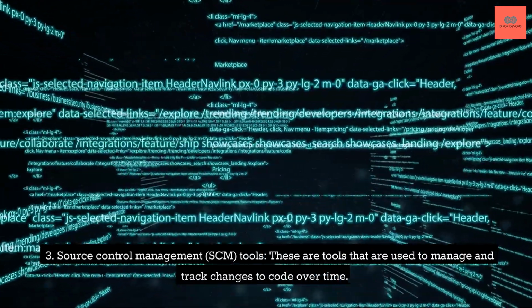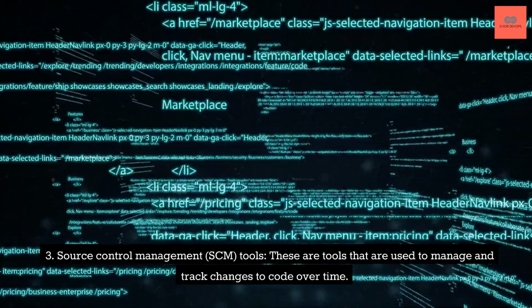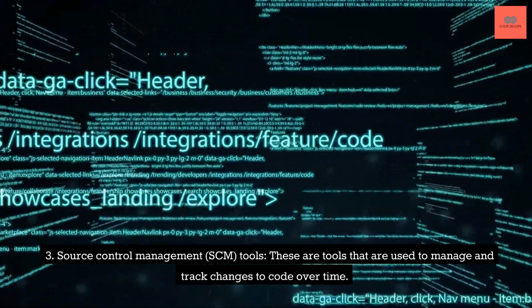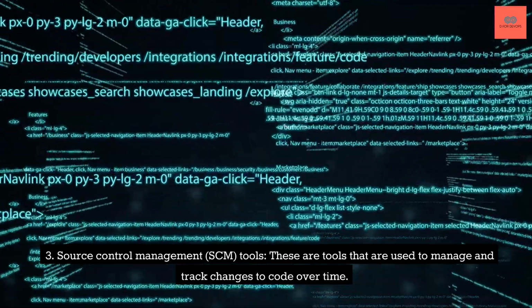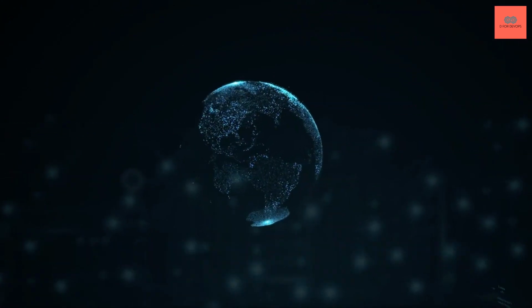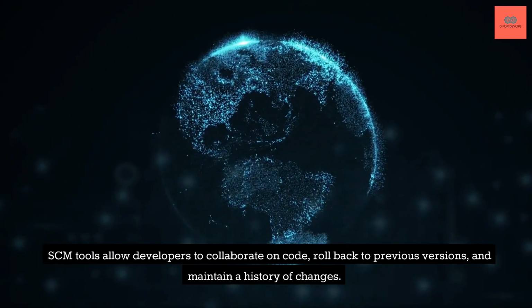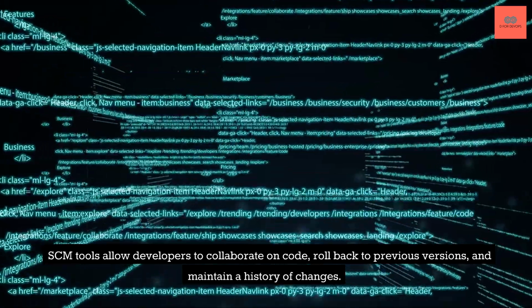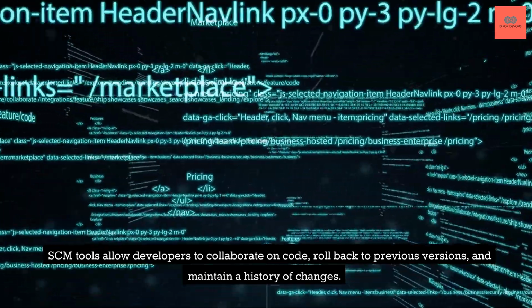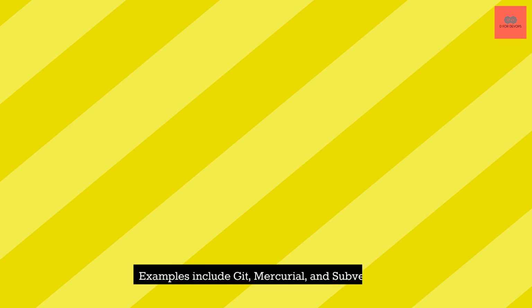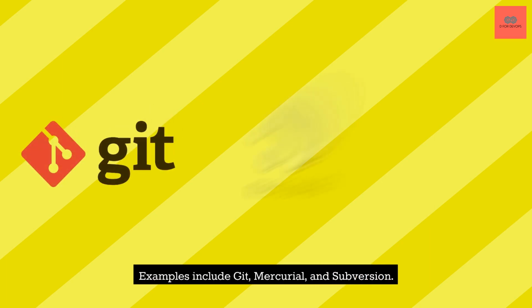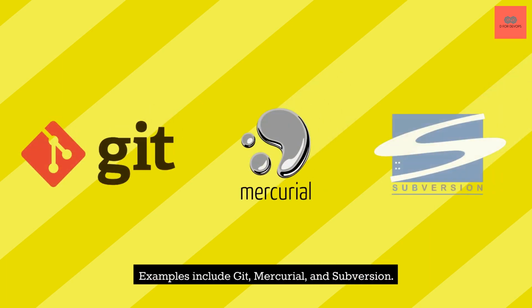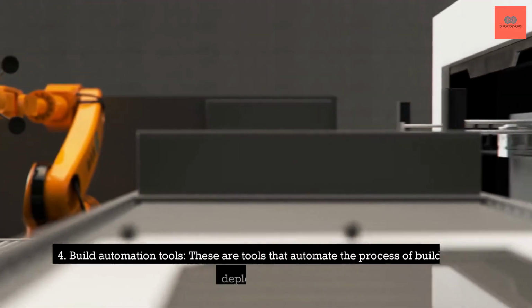3. Source Control Management, SCM tools. These are tools that are used to manage and track changes to code over time. SCM tools allow developers to collaborate on code, roll back to previous versions, and maintain a history of changes. Examples include Git, Mercurial, and Subversion. 4.